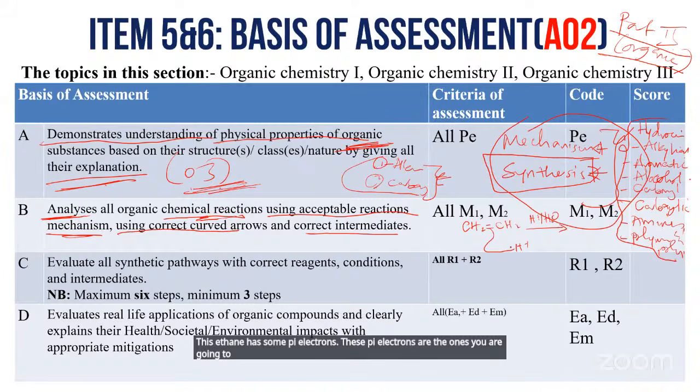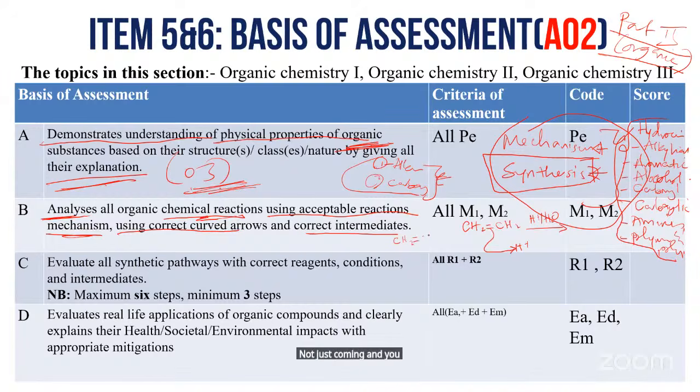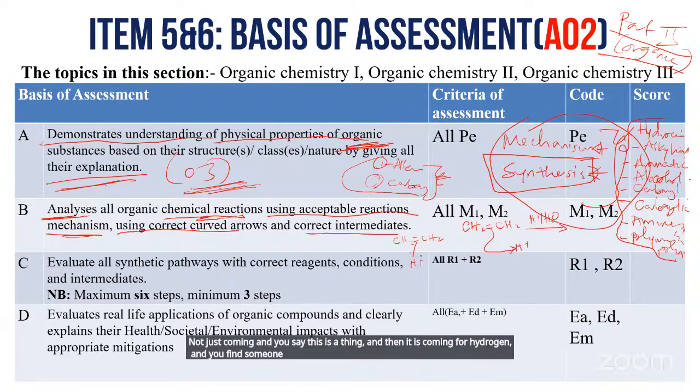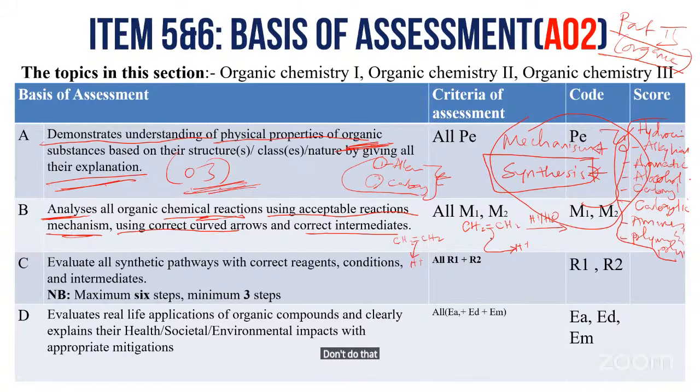We are saying use a very good curved arrow, not just coming and saying this is ethene, and then it is coming for hydrogen, and you find someone doing it like this. Don't do that. Instead, use a good curved arrow. It should not have very many curvatures, not a curve which is like this, coming for something.